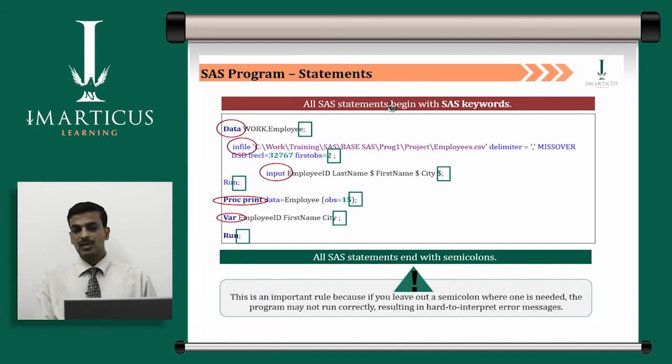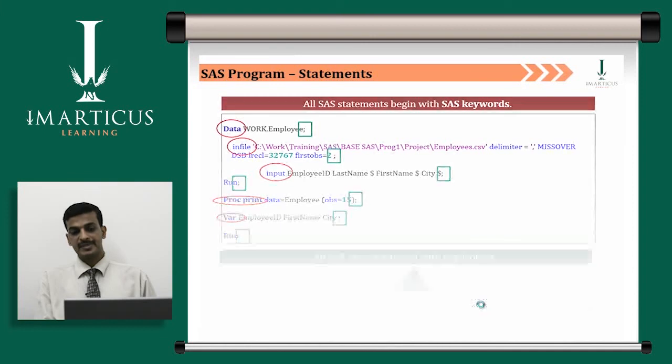Please remember, all SAS statements begin with a SAS keyword and all SAS statements end with semicolons. This is an important rule because if you leave out a semicolon where one is needed, the program may not run correctly. This we have already seen in our previous topic, resulting in hard to interpret error messages.